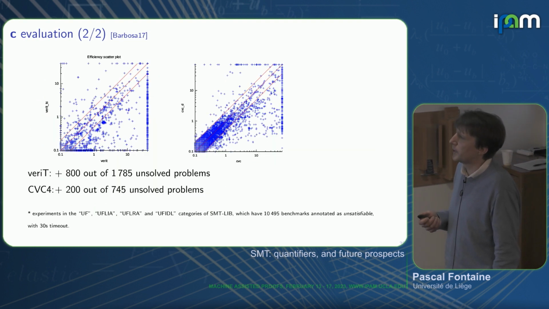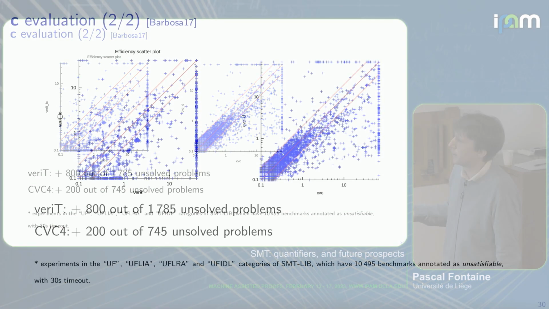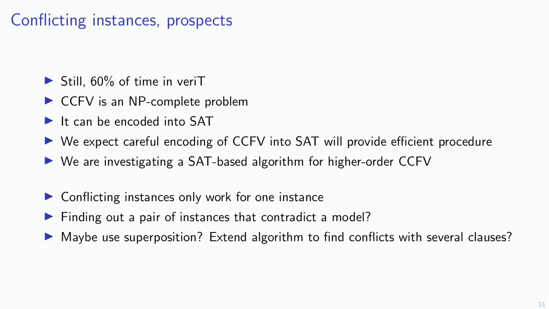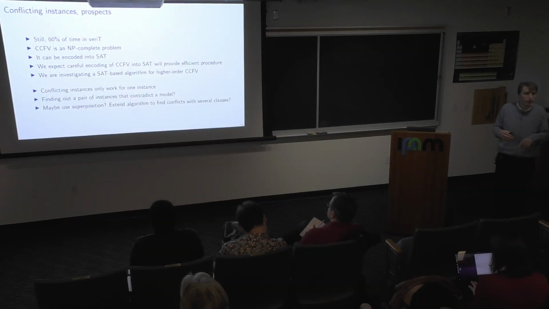And when we use CCFV, it made CVC again a bit better, and Verity much better. Okay. So there are still a lot of things to do there. 60% of the time of Verity is spent in this algorithm, which is quite a lot.